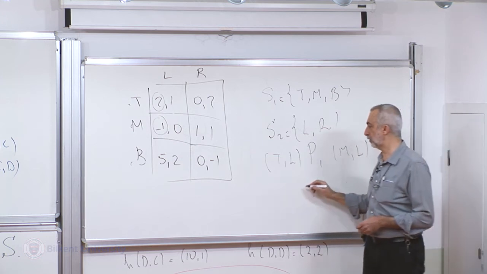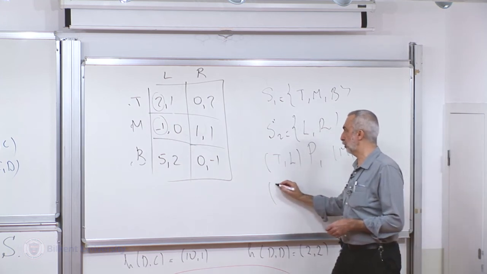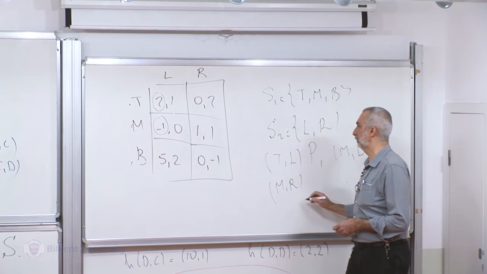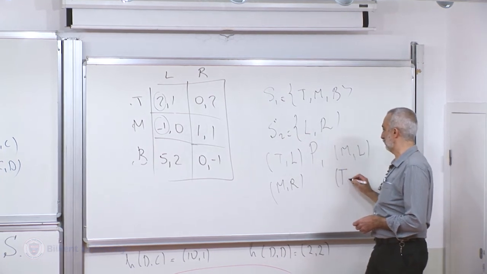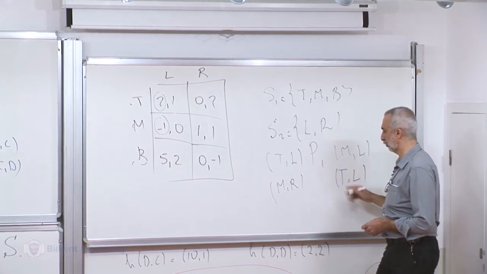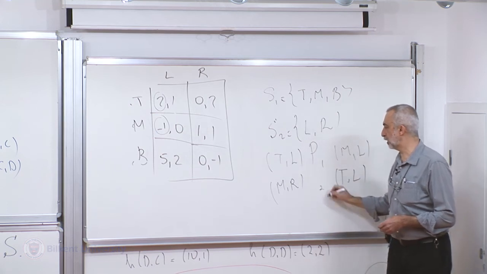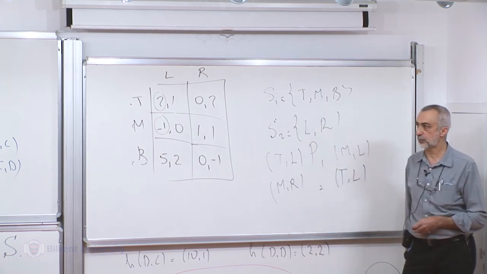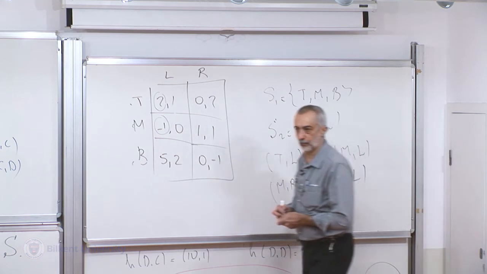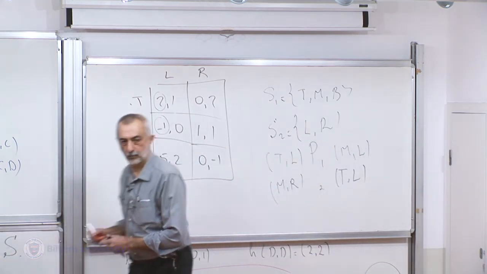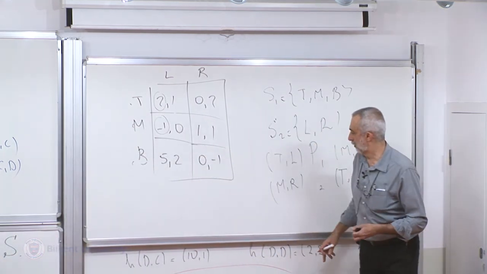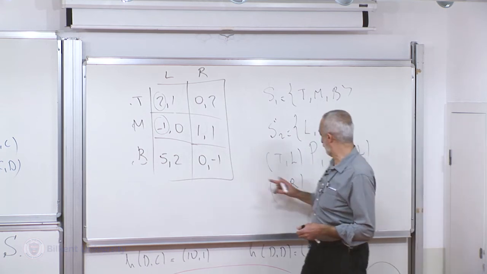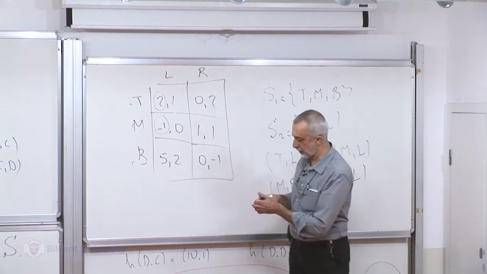And then, let's choose MR and TL. The order might be wrong. So what does player 2 think about these two strategy profiles? For MR, we're talking about player 2, so we check the second numbers.